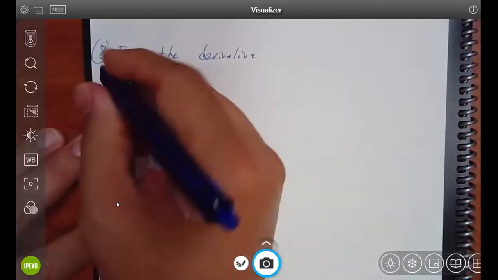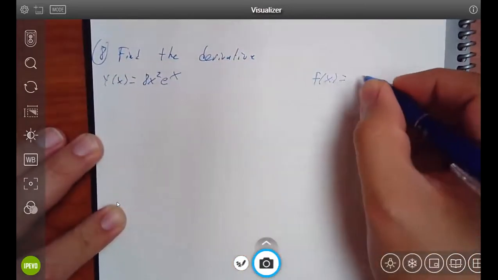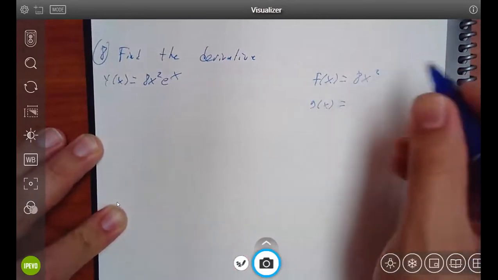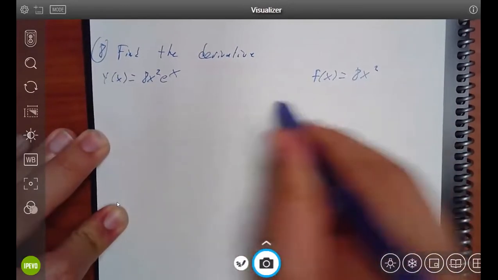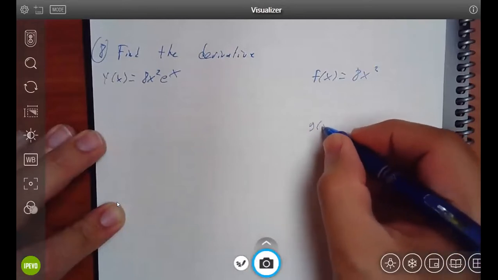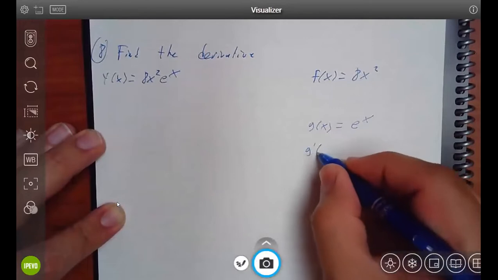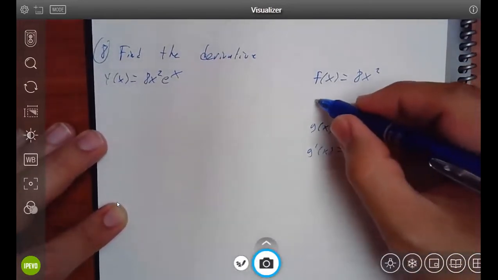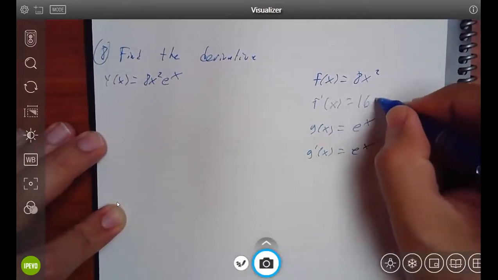So we'll do that. So y, f of x will be the first piece, g of x will be the e function. The derivative will be itself. Derivative of f prime will be 16x, right?